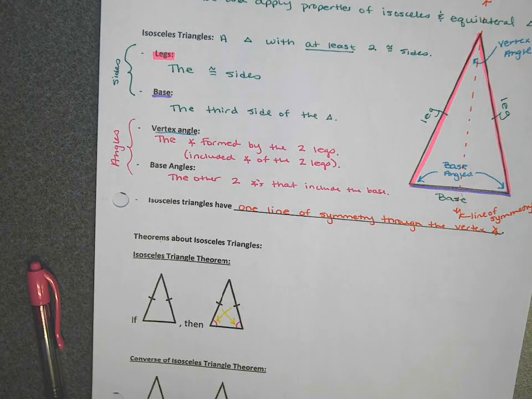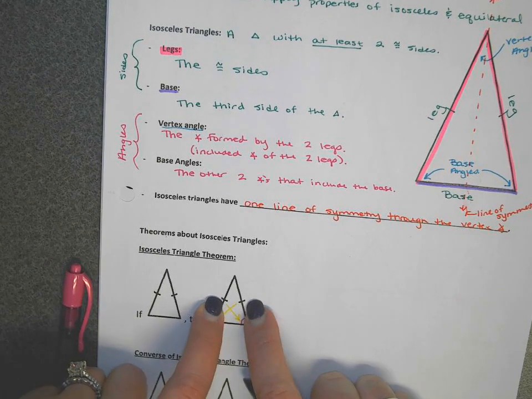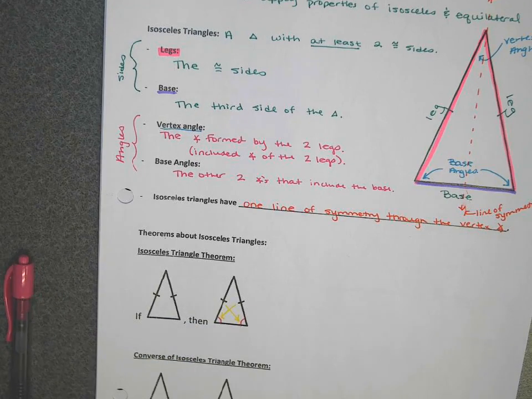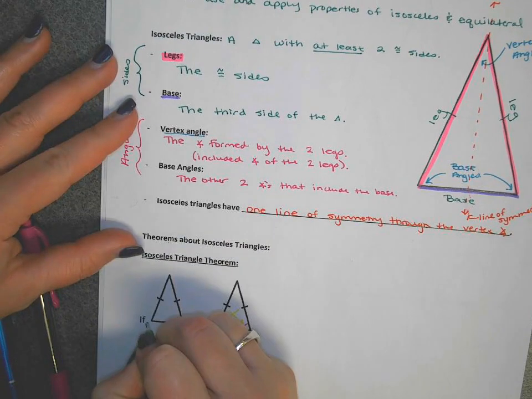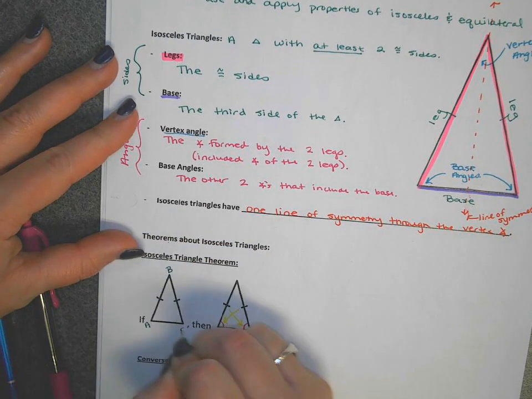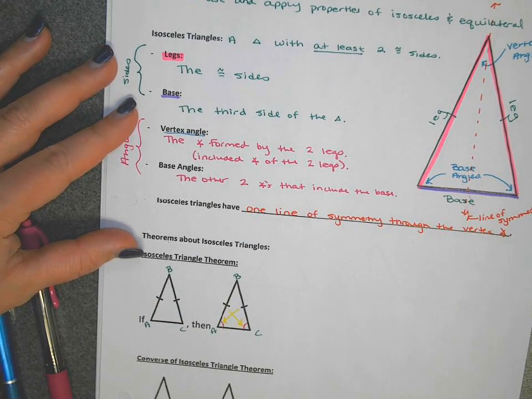Kind of like when we learned that across from the largest angle was the largest side, if the sides are the same, then across from them are angles that are the same. Okay. So we're going to label this triangle A, B, C. It's the same triangle, we just rewrote it.